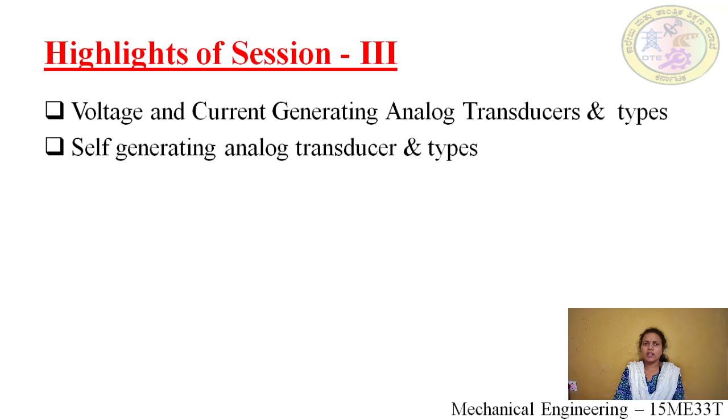Number one is the self-generating analog transducer, and the second one is the variable generating analog transducer. Next we saw the self-generating analog transducer and its types. In the self-generating analog transducer, the input parameter is converted into a continuous signal, and for this conversion it does not require any external power source.